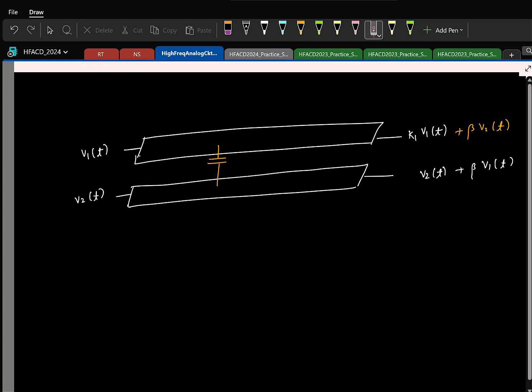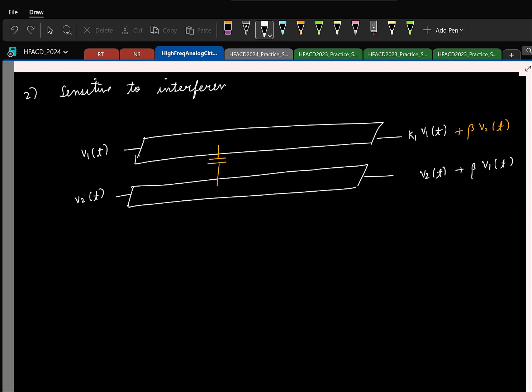So this is another issue, that is, this is sensitive to any interfering signal, or I'll just say interference. So what can happen is, let us say here you are trying to pass a sensitive analog signal which is varying very slowly, right?